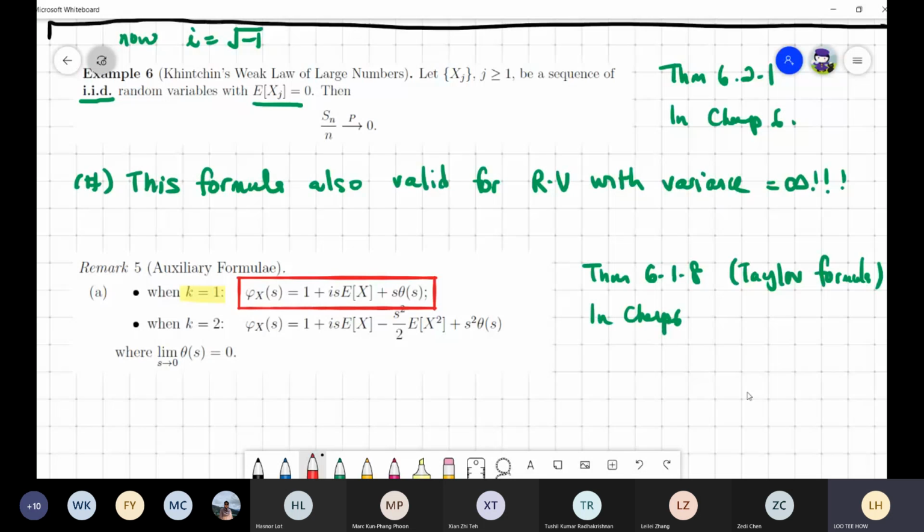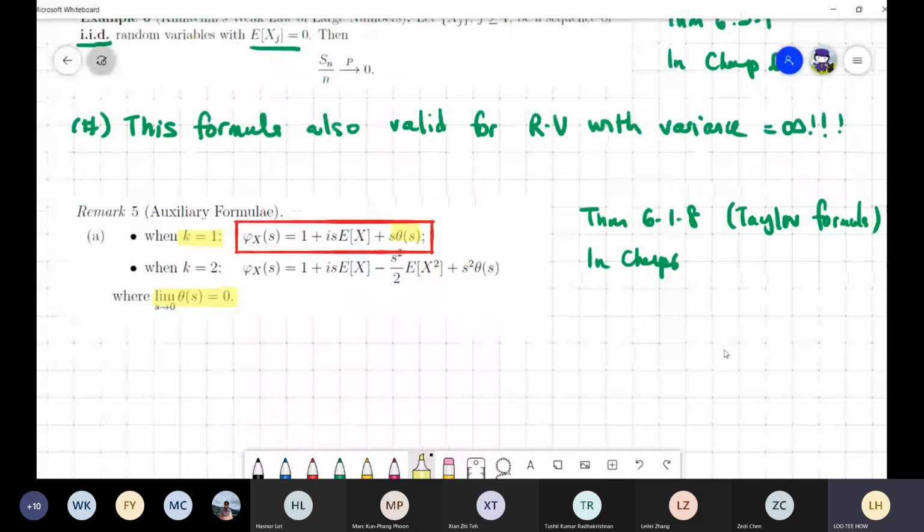φX(s) is equal to 1 plus isEX plus sθ(s). What is this θ(x)? This is a function whereby the limit when x approaches 0 is equal to 0. Which means in a way you can say this function θ has a very small magnitude.